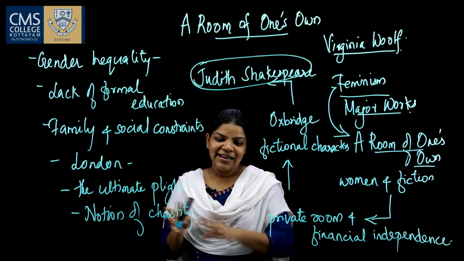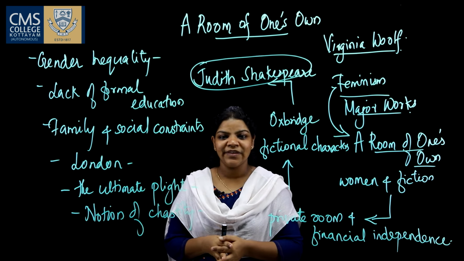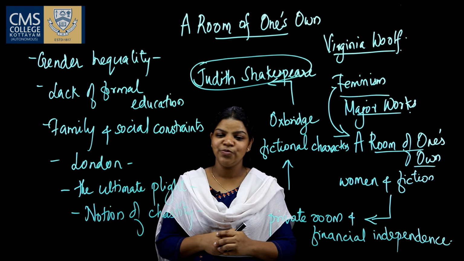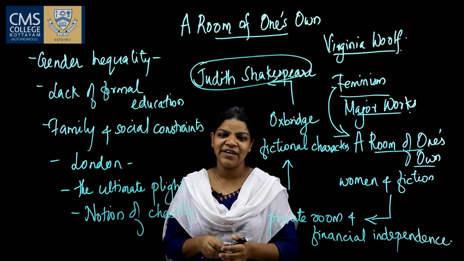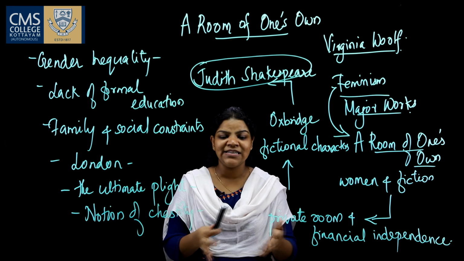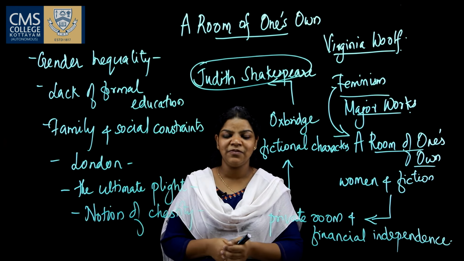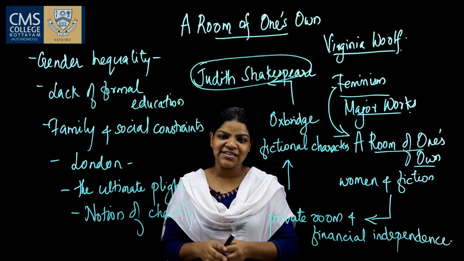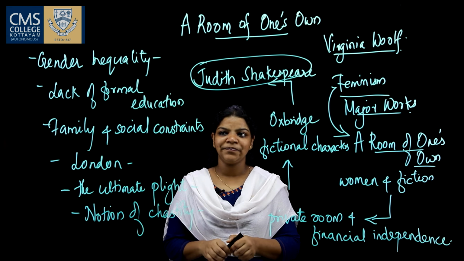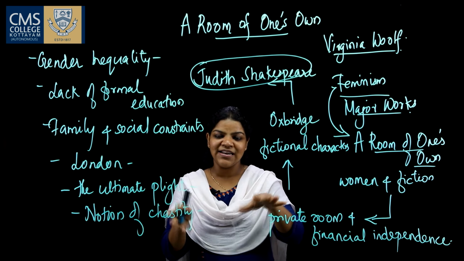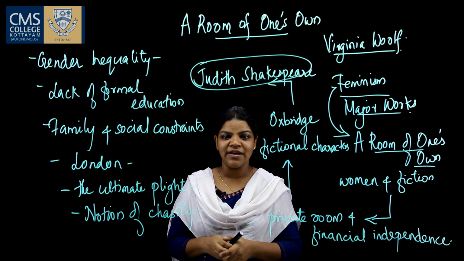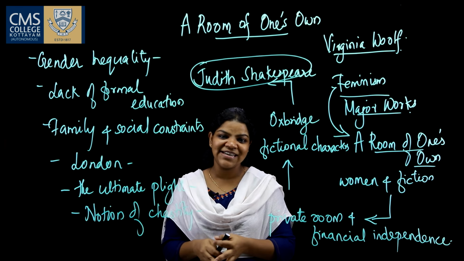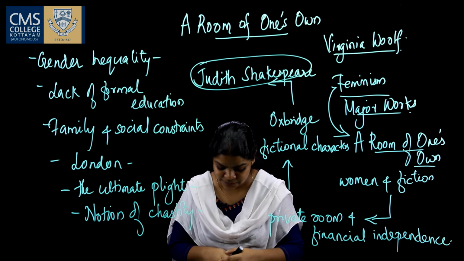Now, looking at Judith Shakespeare, what would have led her to end her life would be this idea of chastity. She would not have known how to survive after being raped by this actor-manager and after being made pregnant. So, this notion of chastity is again another huge burden that is laid only on women, which Virginia Woolf says is equally applicable to men as well.